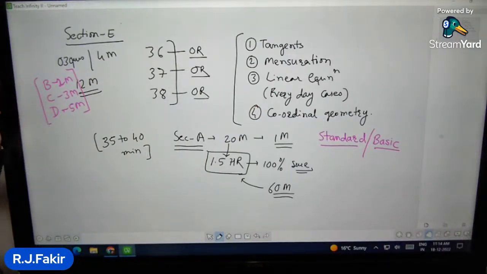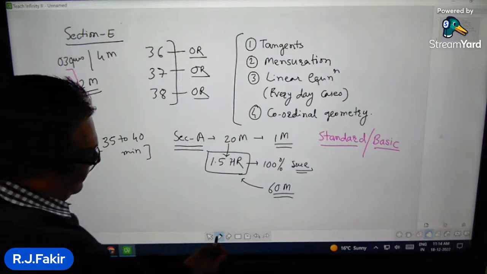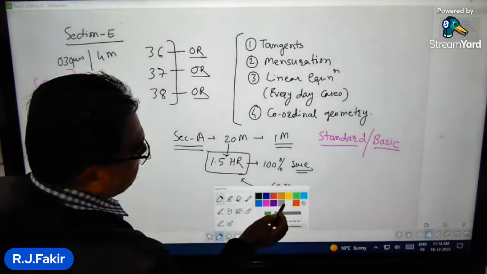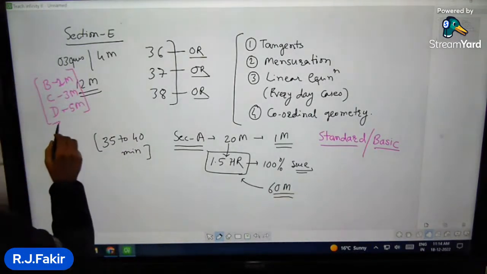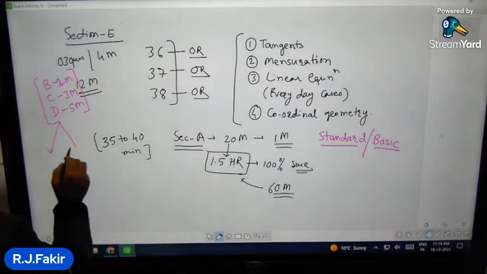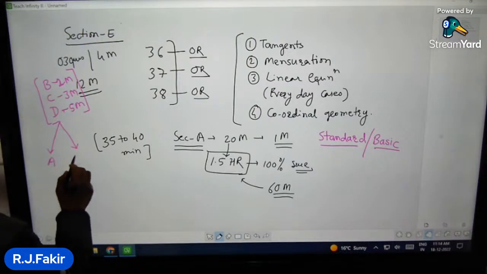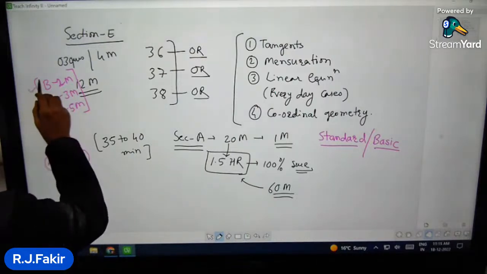That will help you in both section A and section E. That's why I am keeping these sections out of this bracket. This will automatically happen if you practice for these 3, and lead to you solving your section A and section E better.